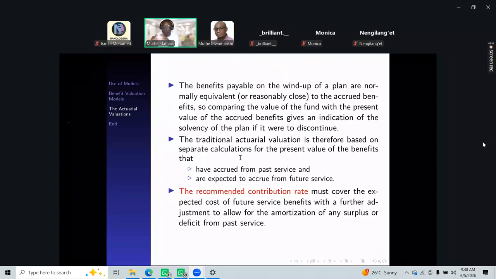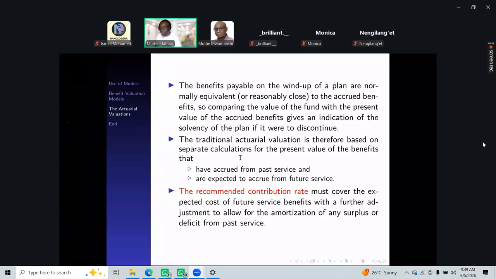Yeah, and the key thing here is that during actuarial evaluation, they actually have to recommend the contribution rate, right? Because we have all these accrued benefits, and we have to compare them with what we have today. So are we able to cover all the accrued benefits?